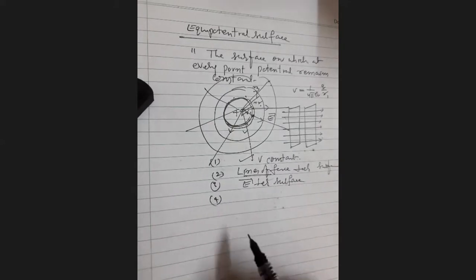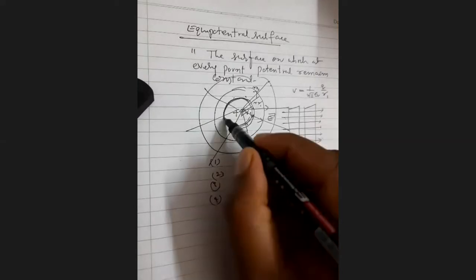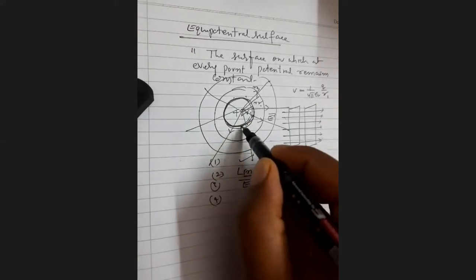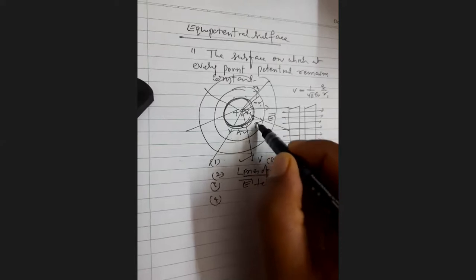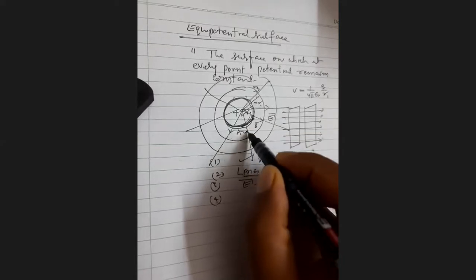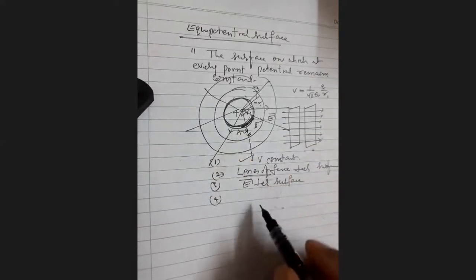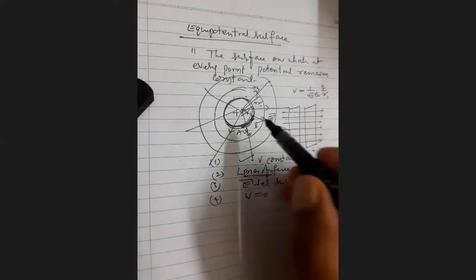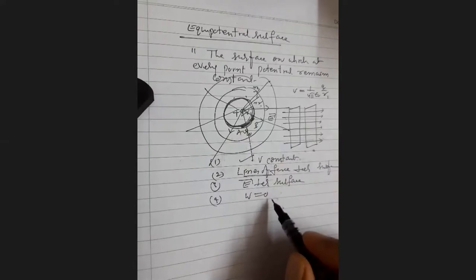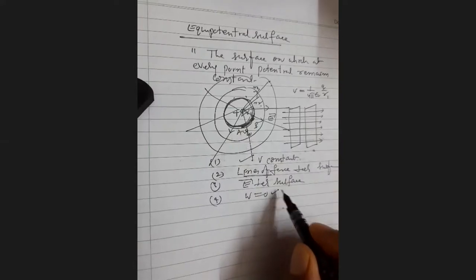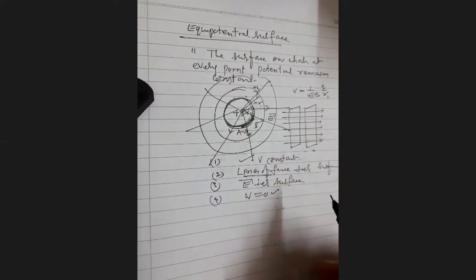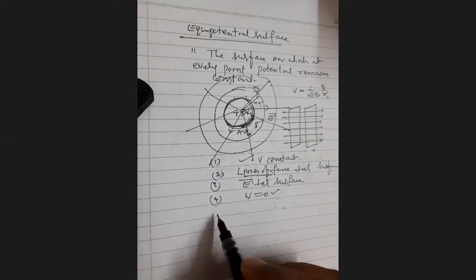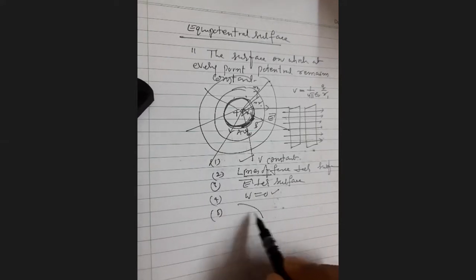One more point is, since at every point the potential is constant, the work done in moving a test charge Q naught from point A to point B must be equal to 0, as there is no potential difference. No two equipotential surfaces intersect each other.